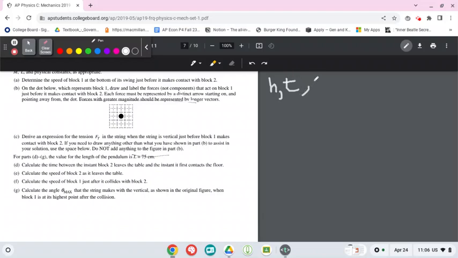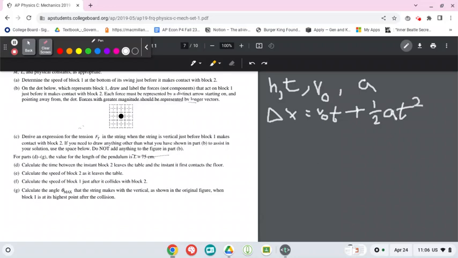We do know v naught, because this is in the vertical direction, so v naught is going to be 0. And we know the acceleration in the vertical direction. So let's use this equation: delta x equals v naught t plus 1/2 a t squared.